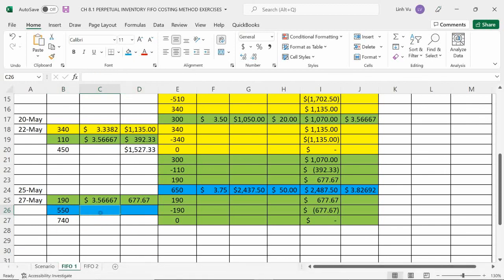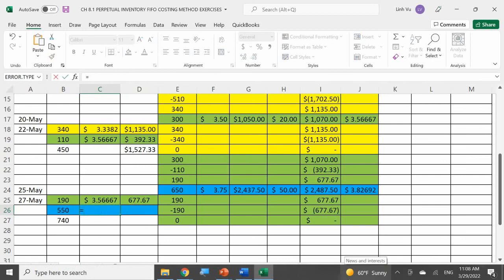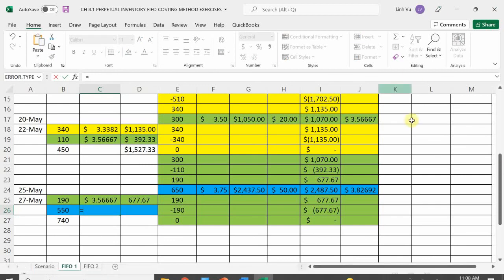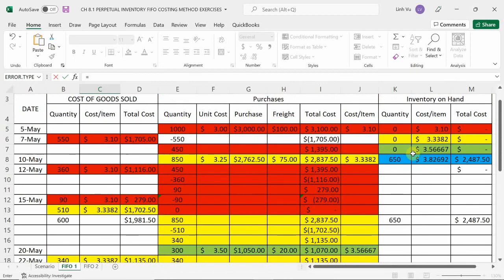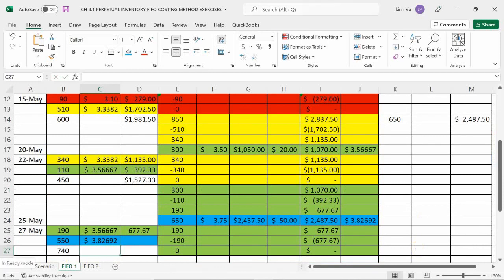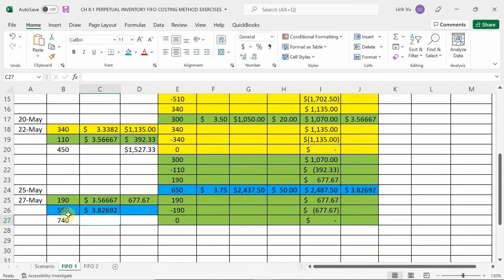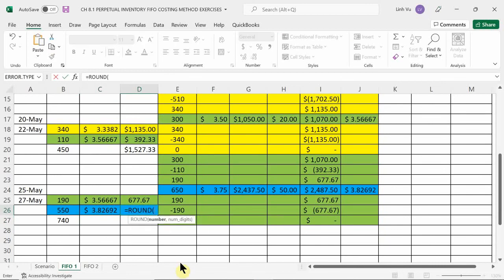Since I only have one batch of inventory, what's my cost per item for my blue batch? $3.82692. So once again, what is going to be my total cost of goods sold here?